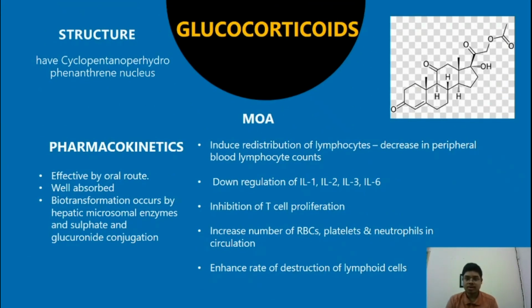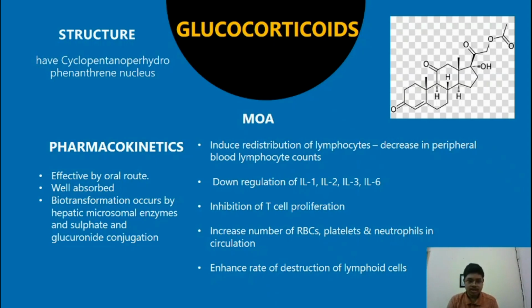So coming to glucocorticoids. Glucocorticoids have a cyclopentanoperhydrophenanthrene nucleus. They are synthesized in the adrenal cortex from cholesterol. The structure is given in this figure.